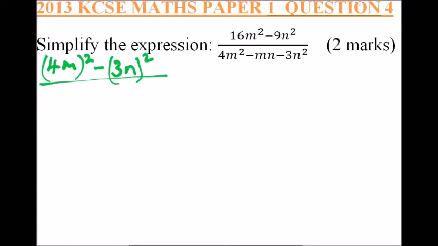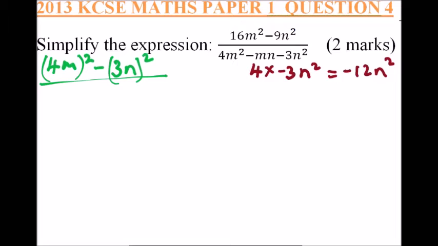Then the denominator is a quadratic expression which has two unknowns. So we consider one unknown as a constant, which in this case we take n. Since the coefficient of m squared is not equal to 1, we multiply 4 by minus 3n squared, which gives you minus 12n squared.